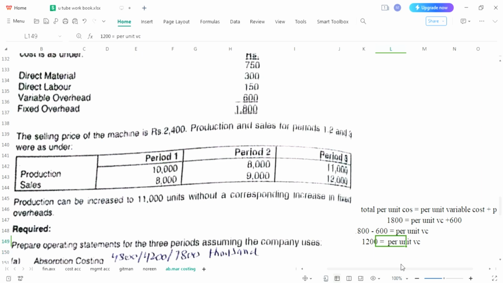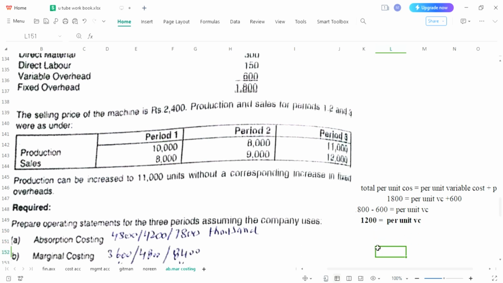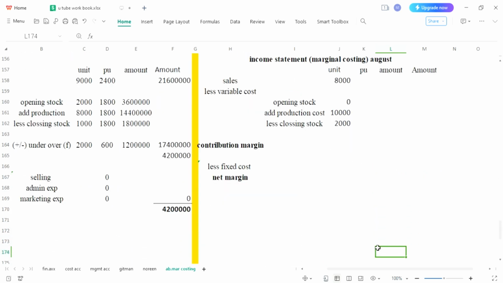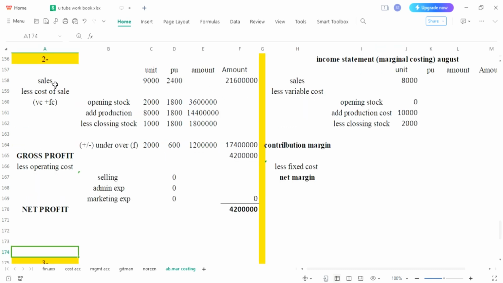Now I will tell you how directly it was very easy to calculate. This was your total cost 1800, and in this 600 was fixed. When you subtract, everything would be variable, and we have calculated it over here. Now you will keep it in mind, variable cost is 1200 per unit. Why have we calculated it? Look here, in marginal costing we need to put only variable cost, while in absorption costing we were having both variable and fixed cost.